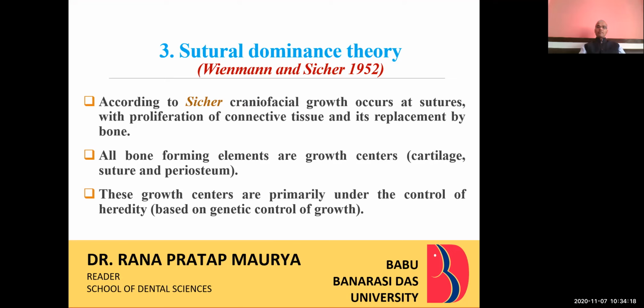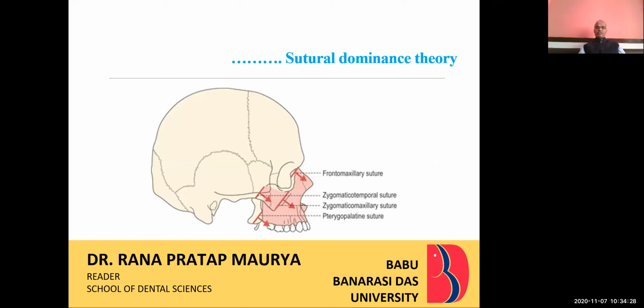These growth centers are primarily under the control of heredity, based on the genetic control of growth. These are the various sutures, like the frontomaxillary suture, zygomaticotemporal suture, zygomaticomaxillary suture, and pterygopalatine suture. These sutures play a role in growth of facial structures.